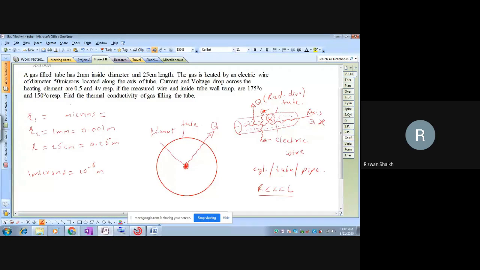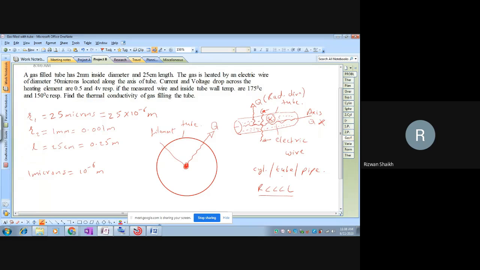So how much is the radius? The radius is 25 microns. If I convert, it will be 25 into 10 raised to minus 6 meter. This is the radius of the filament.